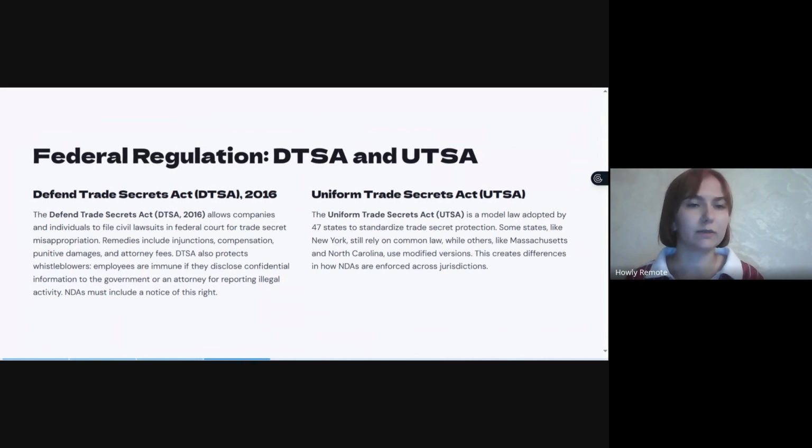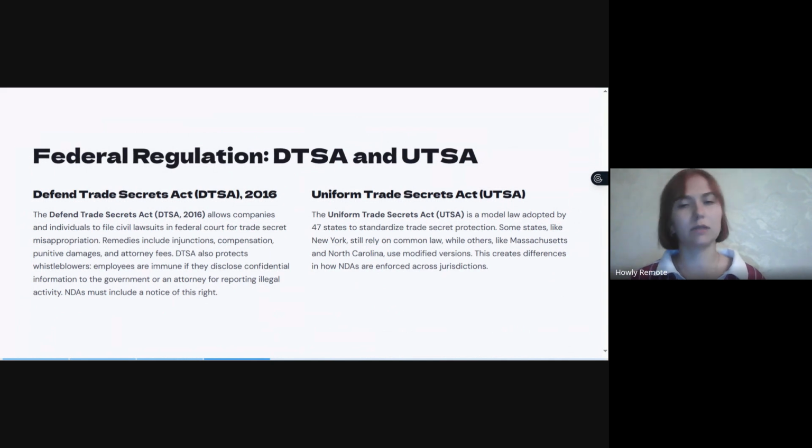Uniform Trade Secret Act. Most states, 47 of them, have adopted the UTSA, which provides rules for defining and protecting trade secrets. Some states like New York and Massachusetts have their own variations.